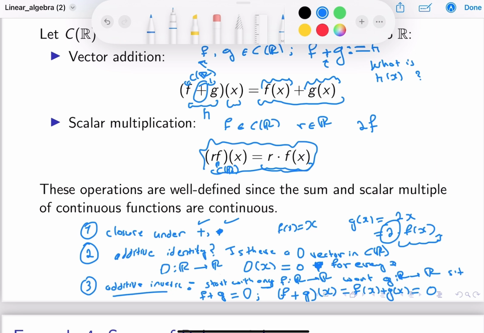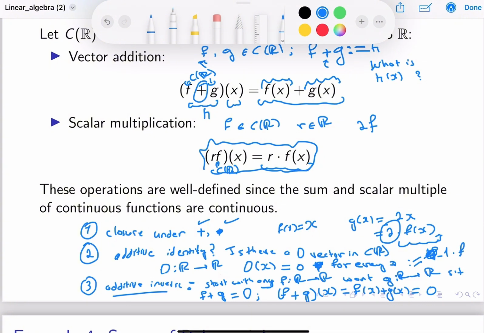Well, one obvious way of defining this is by defining g to be minus f of x. So we're going to define g to be minus f. In other words, it's minus 1 times f.